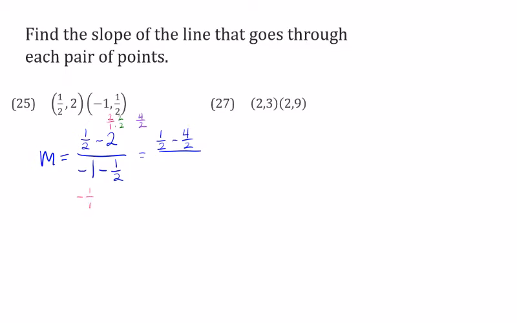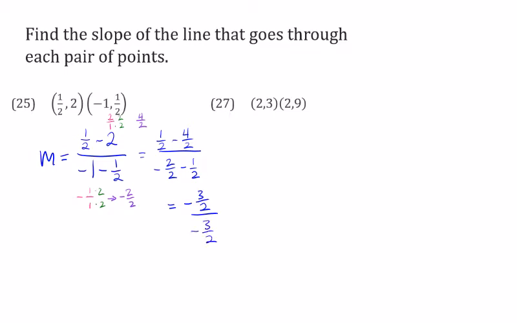To get a common denominator, I can multiply by 2 on top and bottom, and so I end up with negative 2 over 2 minus 1 over 2. As I work that out, negative a half minus 4 halves is negative 3 halves on top. And on the bottom, negative 2 halves minus 1 half is negative 3 halves.